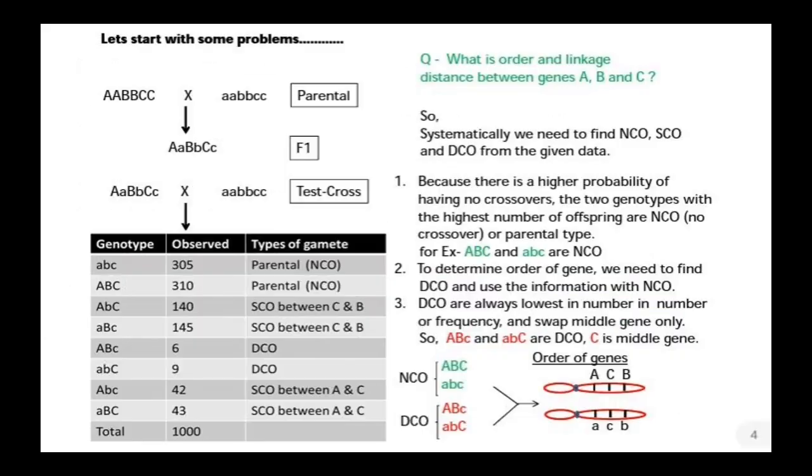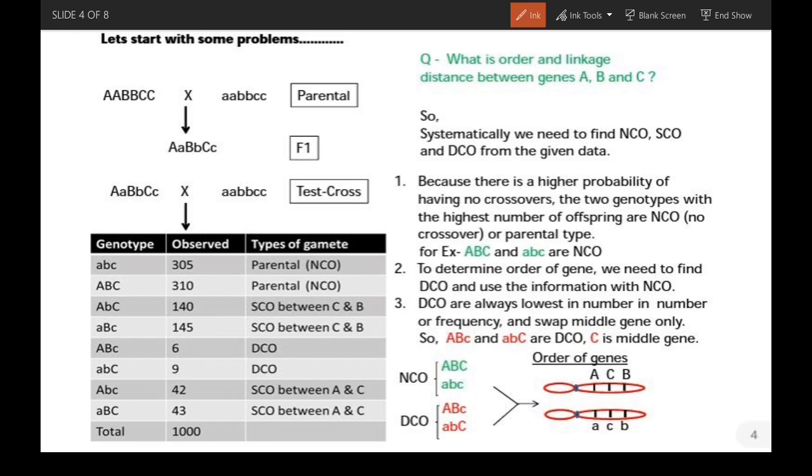Let's solve a question. There is this example, AABBCC. Of course it's an organism genotype, and small a small b small c. So this is the parental homozygous condition. Crossing over takes place. F1 is heterozygous, this genotype, the F1 offspring.